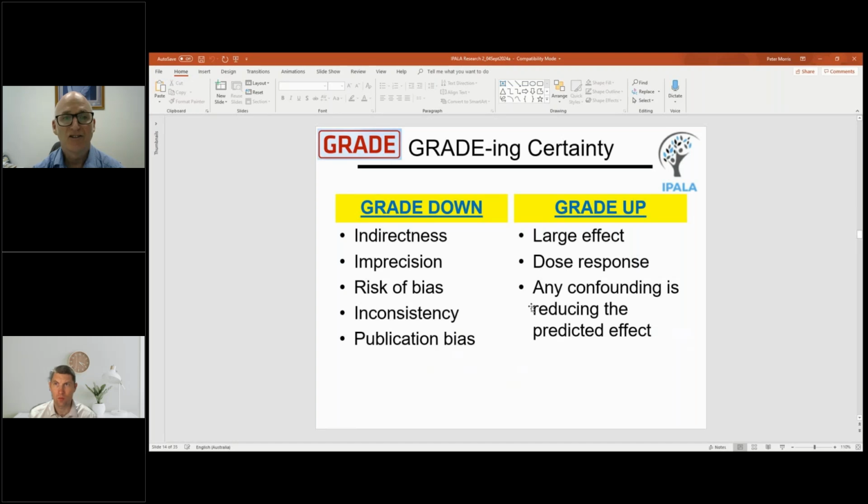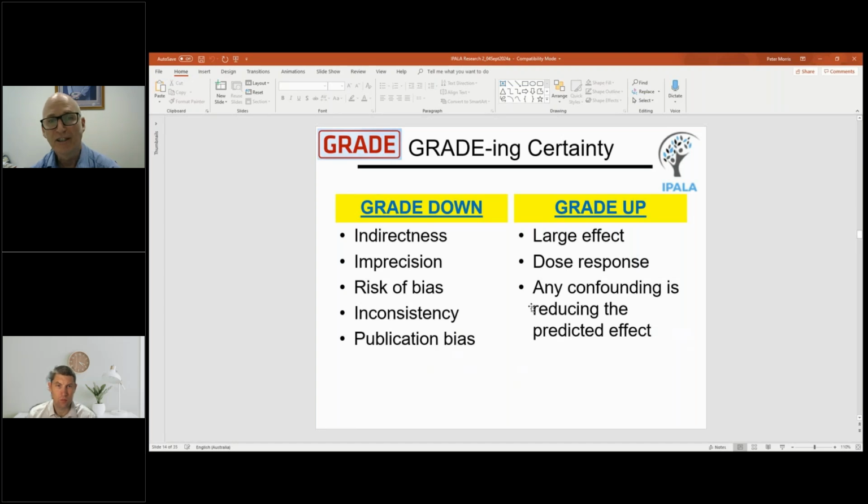Imprecision is statistically related to the 95% confidence intervals, but other things like risk of bias and inconsistency and publication bias can also affect how confident you are about the precision of your estimate.